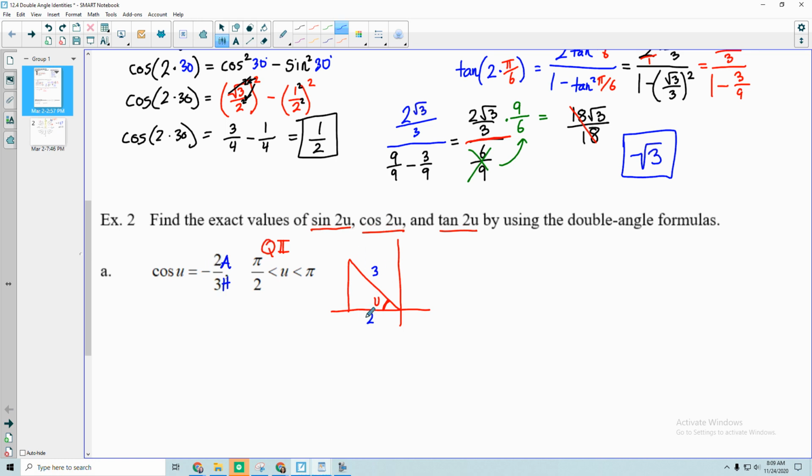So that negative needs to go with the 2, which makes sense because it's going in the negative x direction, okay? And then the last thing I can do to help me out with this problem is using the Pythagorean theorem, I can find the value of this missing side. So that would be 9 minus 4, take the square root of that, so I get the square root of 5 if I'm using the Pythagorean theorem.